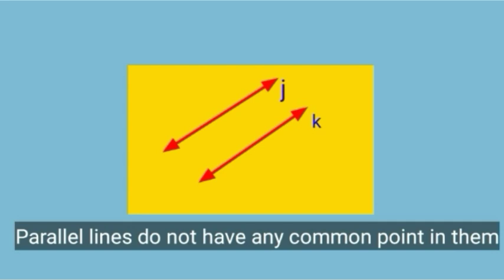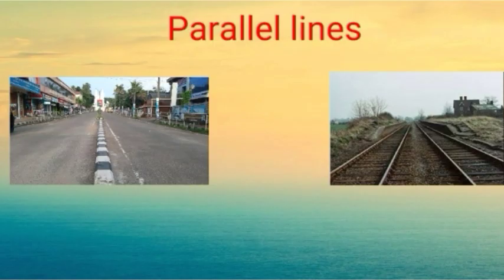Can you think of some examples of parallel lines from your daily life? Think about roads running parallel or train tracks. Yes, you can compare parallel lines with these two pictures.